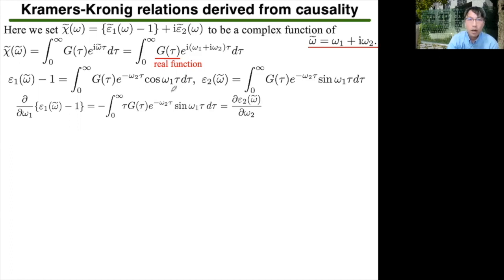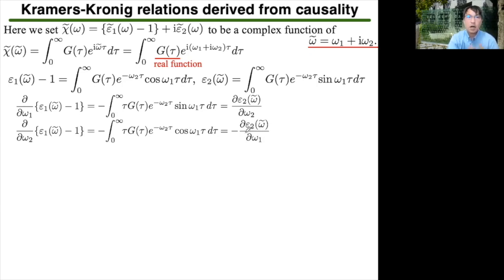Derivative of the real part by omega 1 is calculated like this. Since omega 1 appears only here, we can also get the derivative of the imaginary part by omega 2, since omega 2 appears here. For the derivative of the real part by omega 2, the result is shown here, which is the same as minus the derivative of the imaginary part by omega 1.